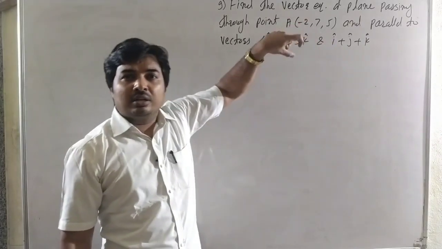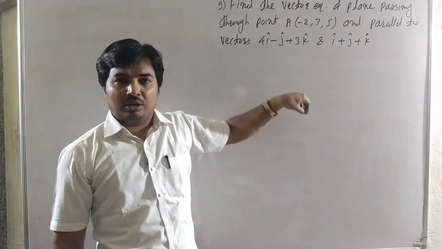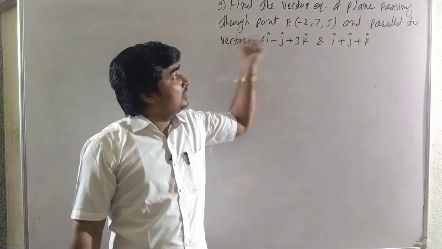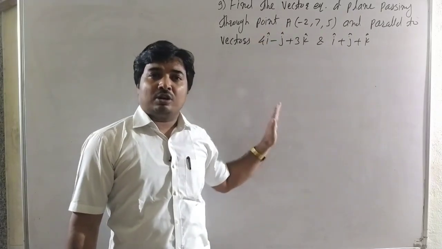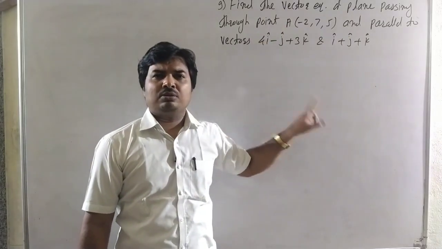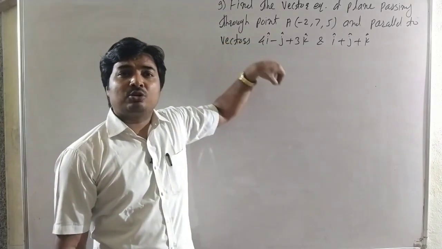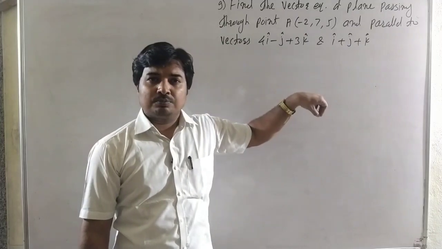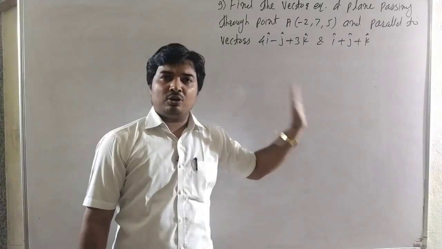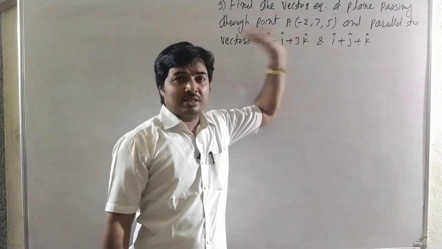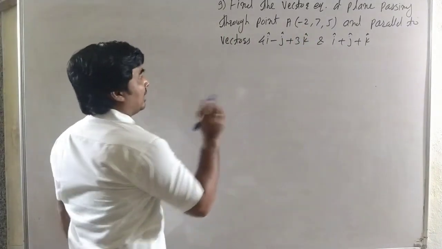Here the formula is r bar dot b bar cross c bar is equal to a bar dot b bar cross c bar. Parallel vectors are b bar and c bar.